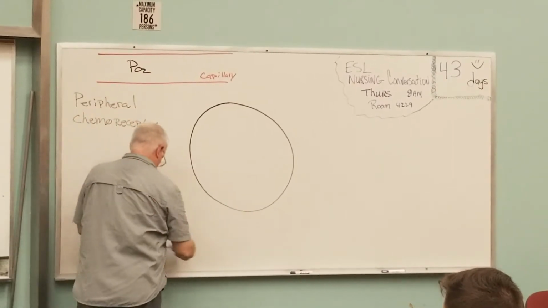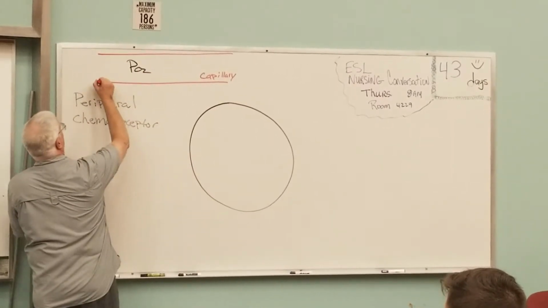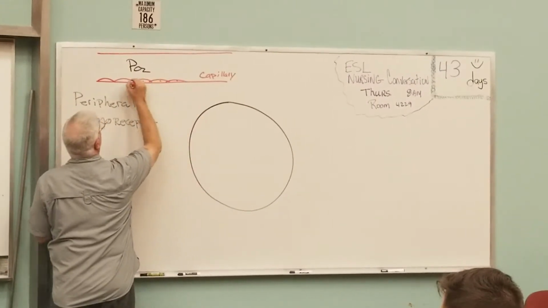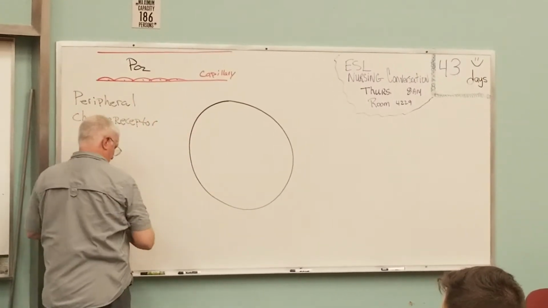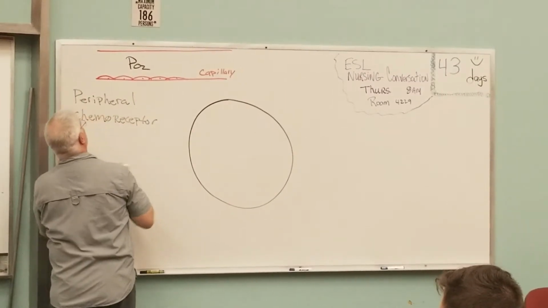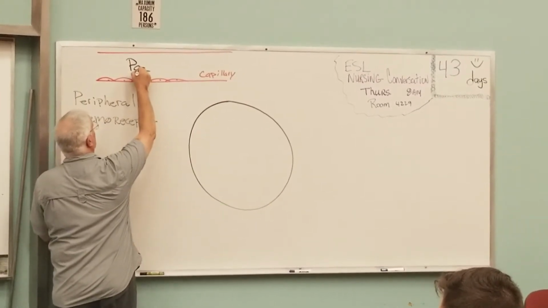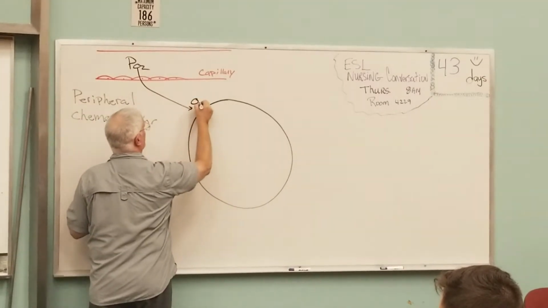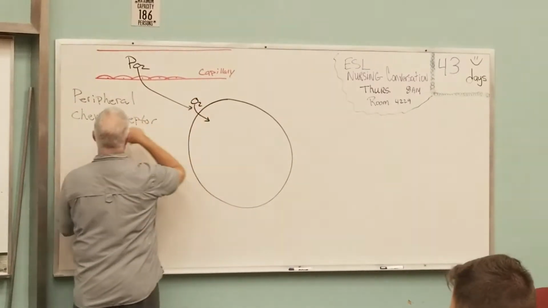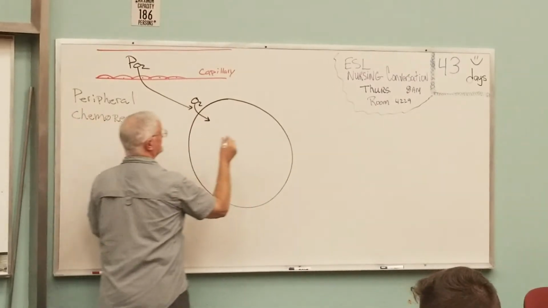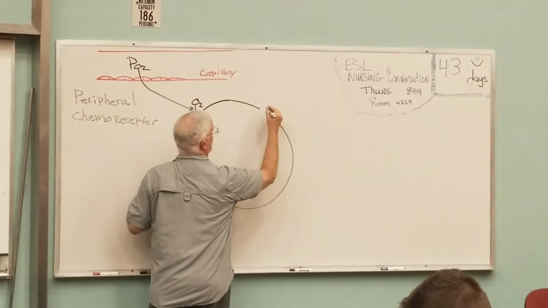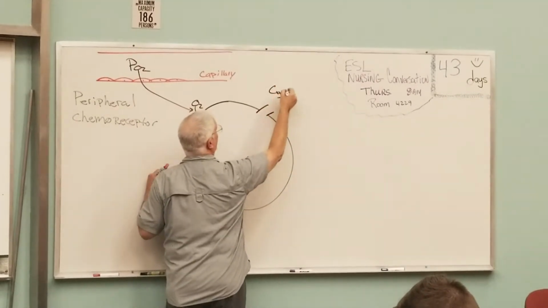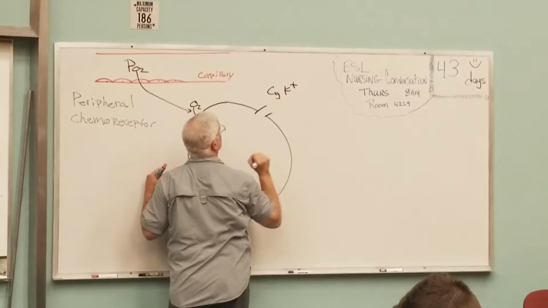Don't forget you have your endothelium of your capillary. We know that O2 can very easily experience simple diffusion through the tissues, go to the cell, and O2 can go into the peripheral chemoreceptor. In the membrane, you guys have a chemical gated potassium channel.